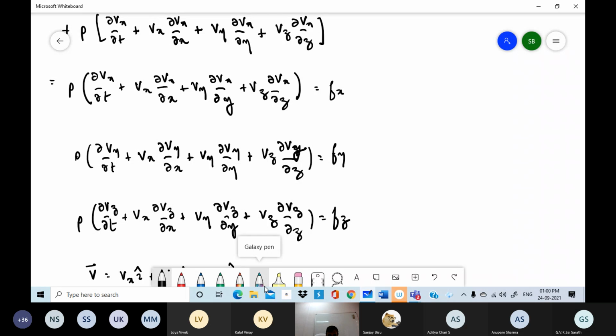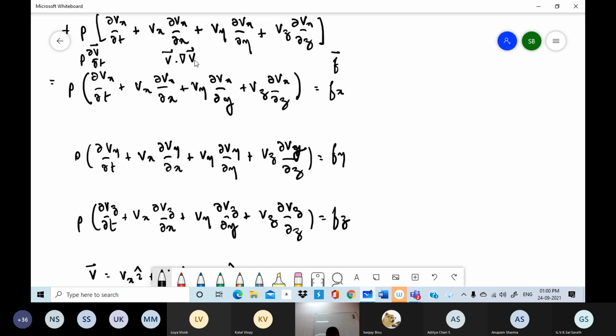So if I see on the left hand side, these are the components of del v by del t. These are the components of f, and these are the components of v dot grad v. So v dot grad is a scalar quantity, so the direction comes from this. So it's this which will change from component to component.